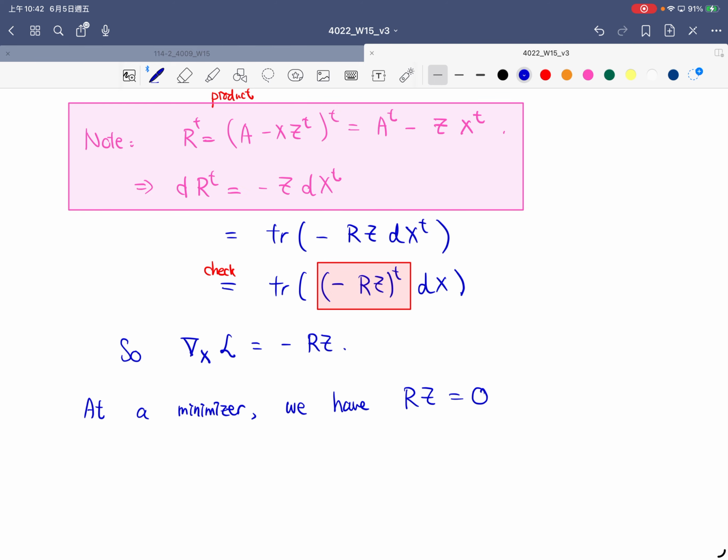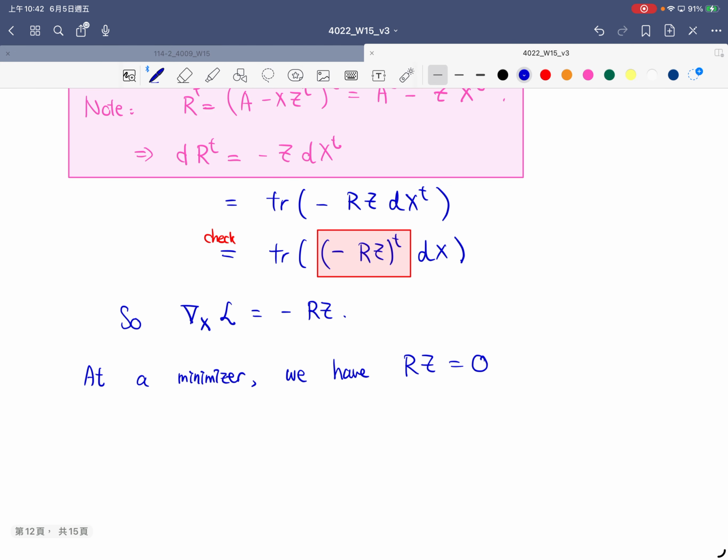Of course, 0 means a zero matrix here. And what is R from day 1? R from day 1 is just a shorthand for A minus XZ transpose. So if you multiply that out, you get AZ minus XZ transpose Z equals 0.